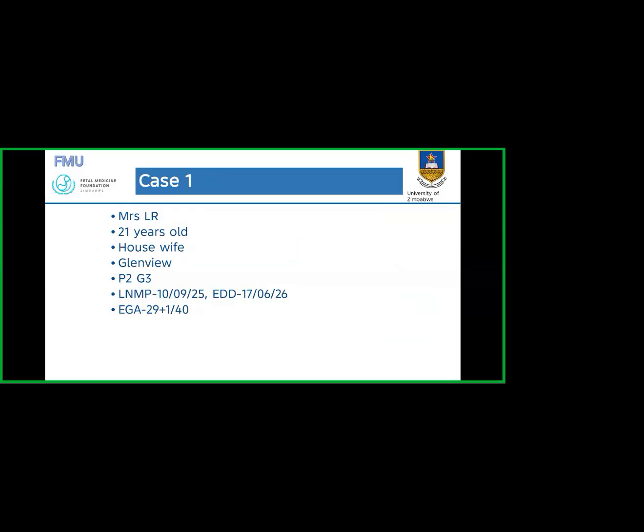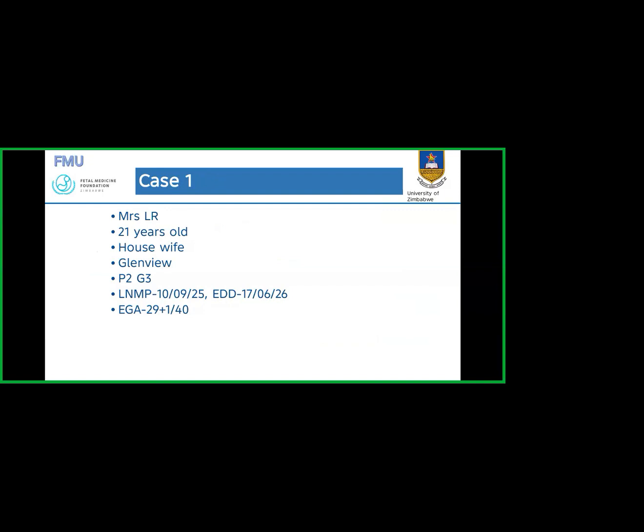So I'll go on to my case, and then the discussion after I present the case. This is a case that we managed at Salim Mugabe Fetal Medicine Unit. It's a case of Mrs. LR, who was 20 years old, a housewife who lives in Glenview.